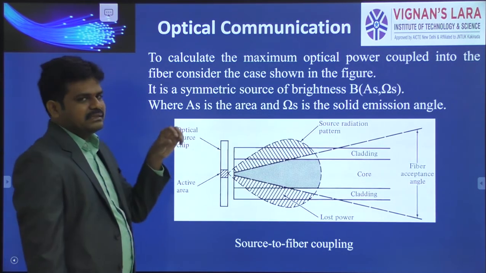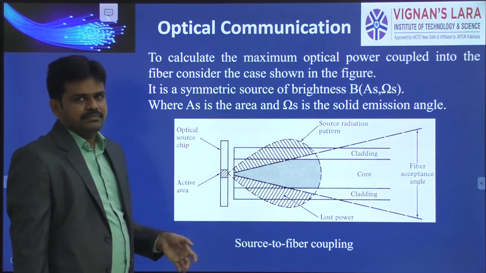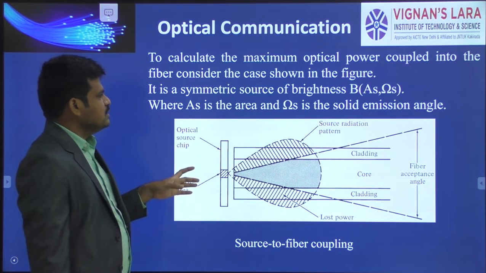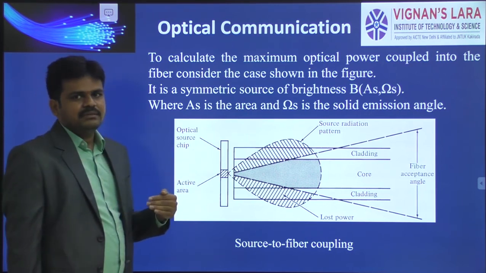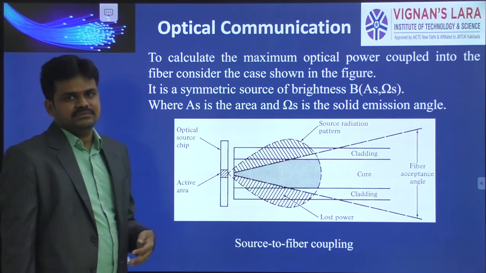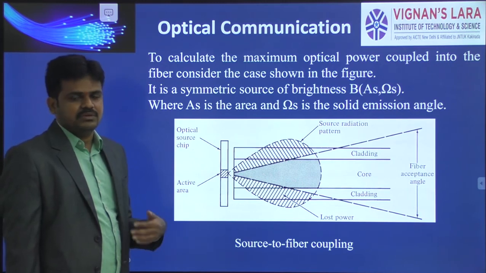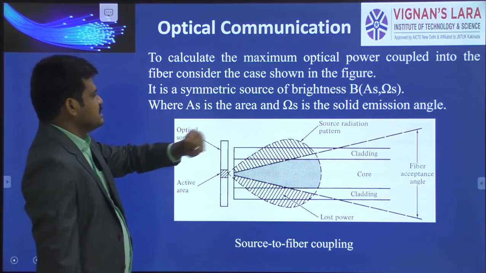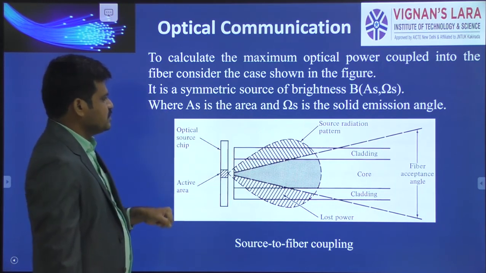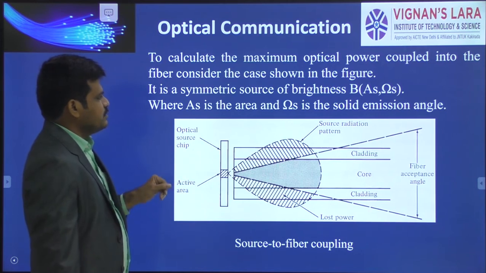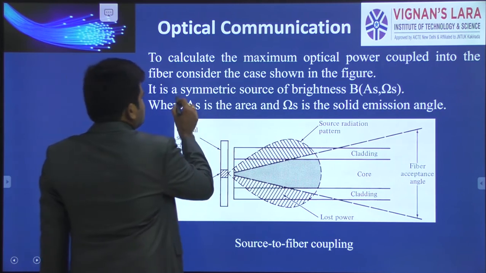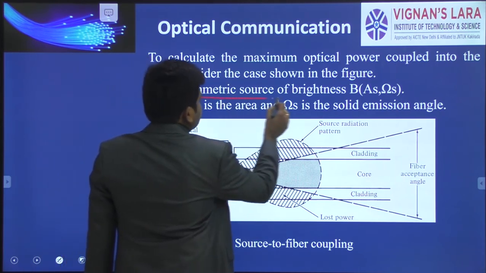In order to calculate the maximum optical power coupled with the fiber, we have certain power equations, total output power equations. So it is a symmetric source of brightness. We need to consider some parameters. The brightness is symmetric.